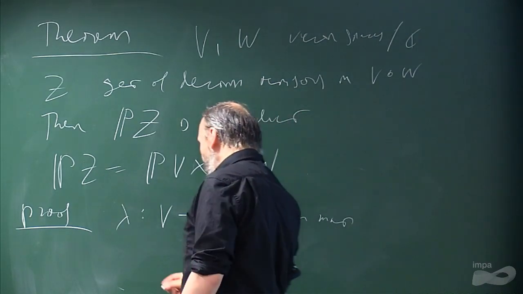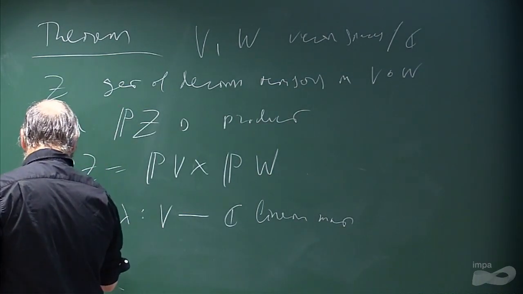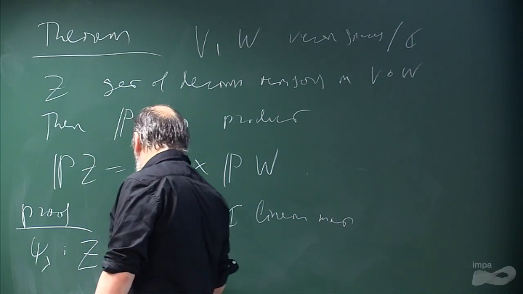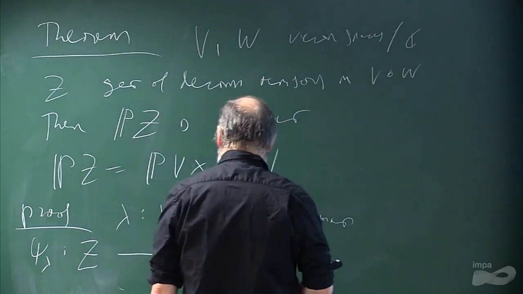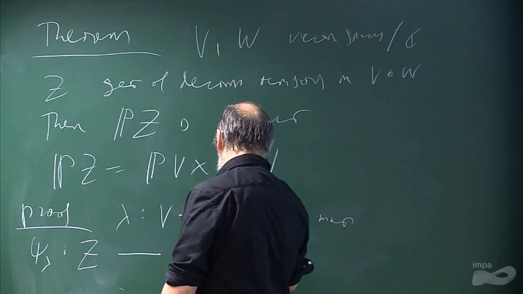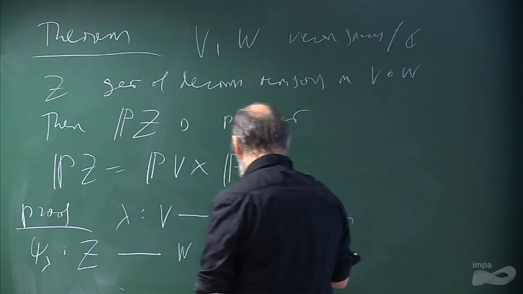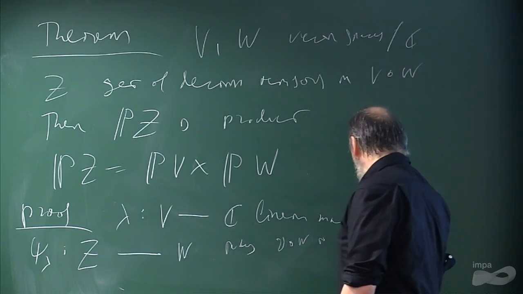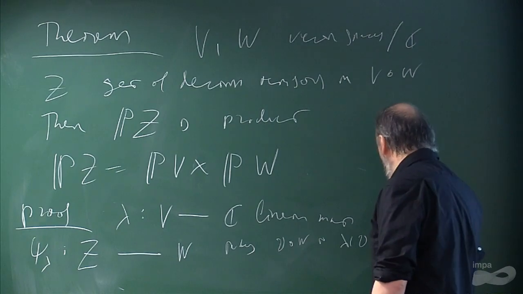Then you define a map psi_lambda from this cone to W, which takes v tensor w to lambda(v) times w.